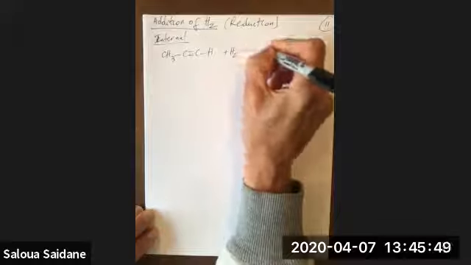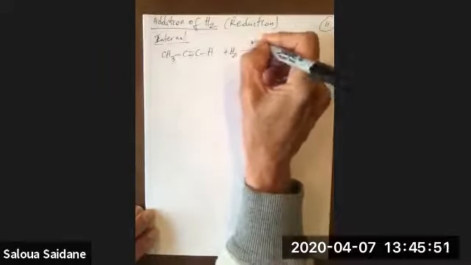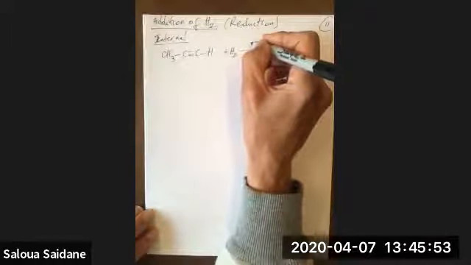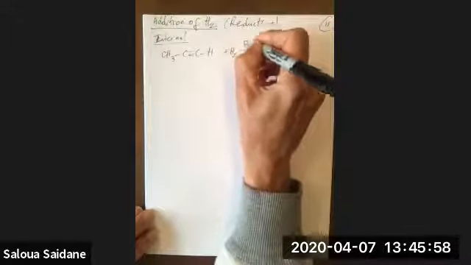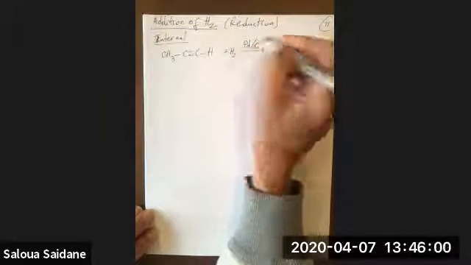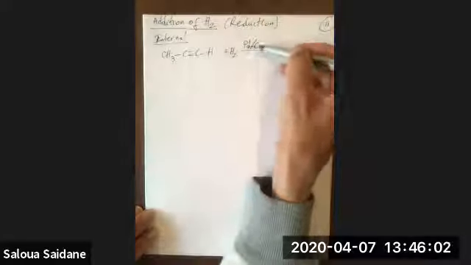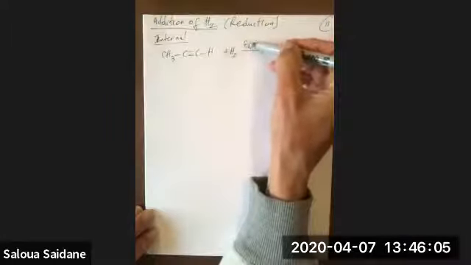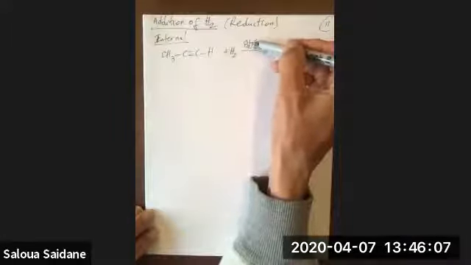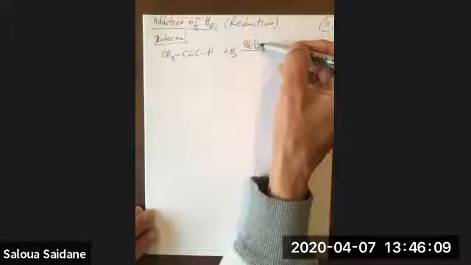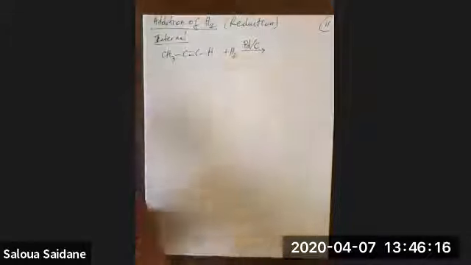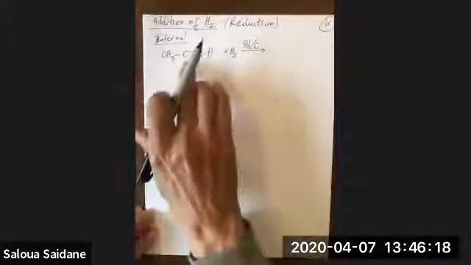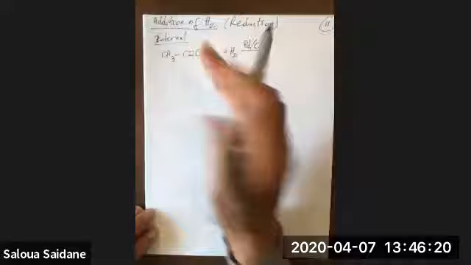Now, if you use a palladium catalyst, it all depends on what is the catalyst. So if you use palladium that's spread out on a carbon powder, that's what it means, Pd/C. Palladium is pretty expensive, so what they do is they crush it in the presence of charcoal, and it disperses it on a surface, and then they run this as a gas and this as a gas, and when they come out, these two are reacted.